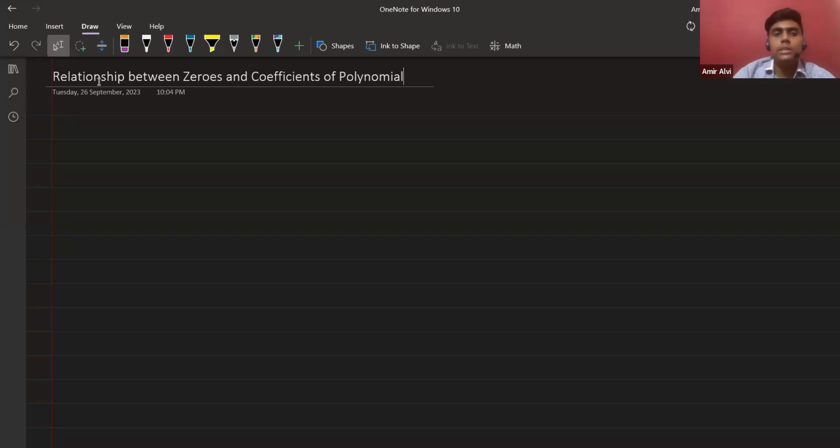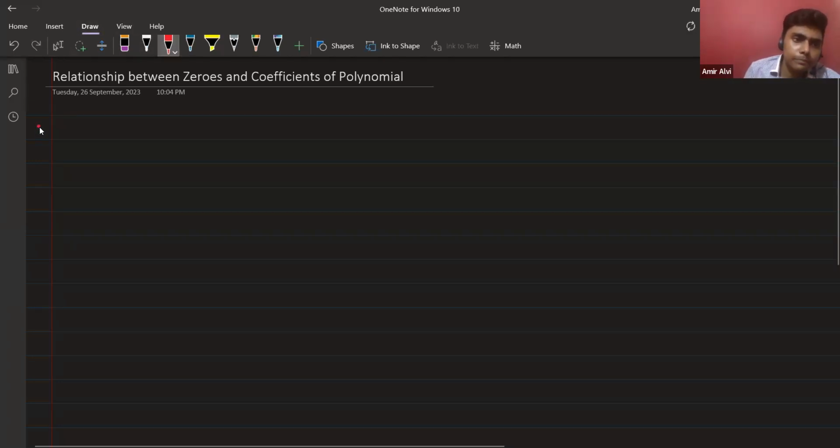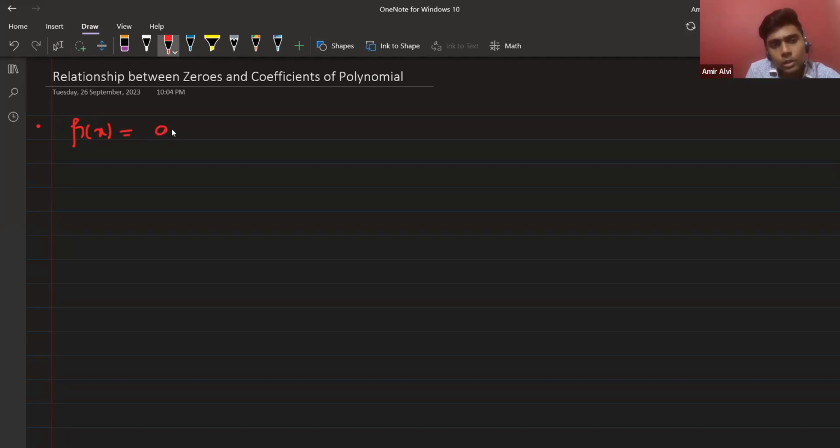Okay, so basically, Adil, let me write it down. There is a relation to find the zeros of the polynomial using the coefficients of the polynomial itself. This is the general form of a quadratic polynomial, and this is called the coefficient of x squared. This is called the coefficient of x, and this is called the constant, or you can say the coefficient of x to the power 0, because x to the power 0 is 1.